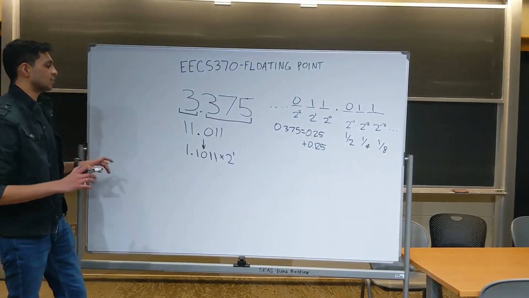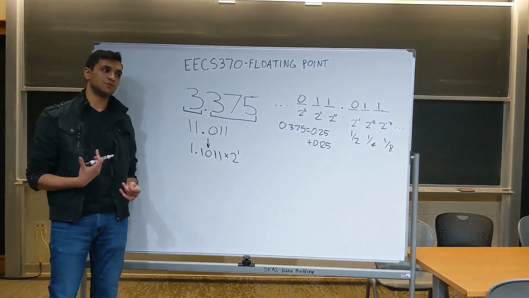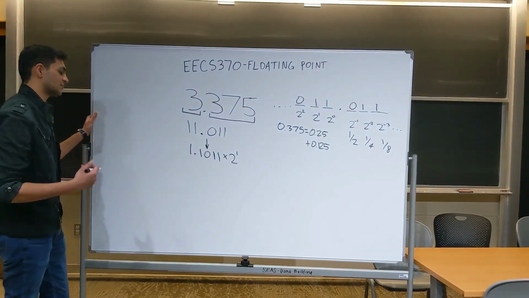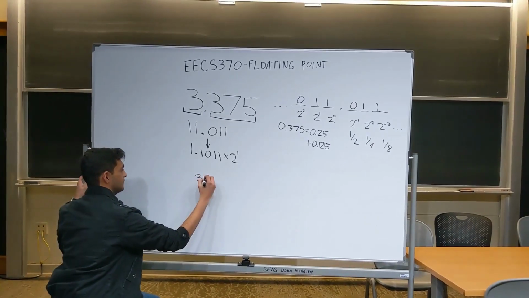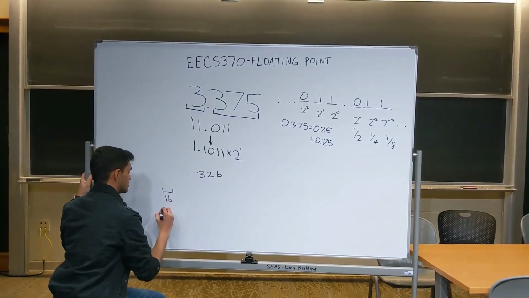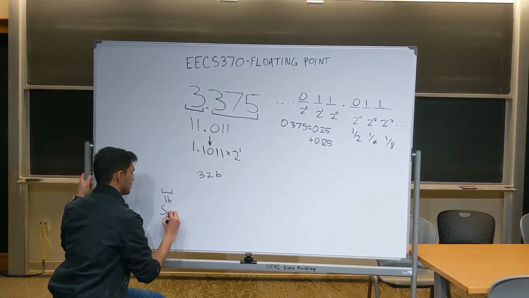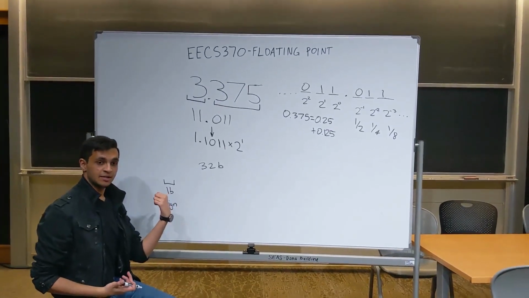Now we're almost done. We have all the information we need. We just need to put it into the 32-bit format that IEEE floating point follows. So the way that format looks is, of our 32-bit binary, the leftmost bit is what we call the sign bit. This bit tells us whether or not our number is positive or negative. With a positive number, this bit here will be a 0.